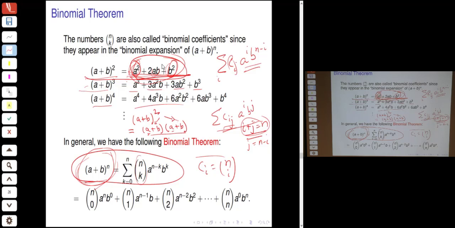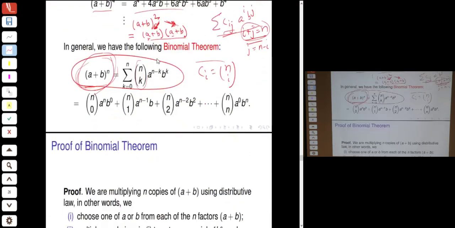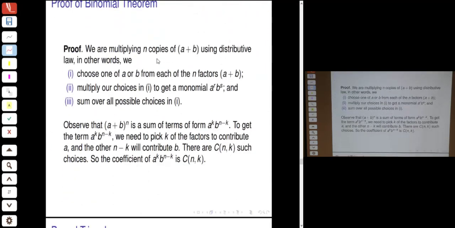Or you could choose a from here and b from there, which will give you a times b. Or you could choose b from here and a from there, which will also give you a times b. So that is why you have two appearances of a times b.